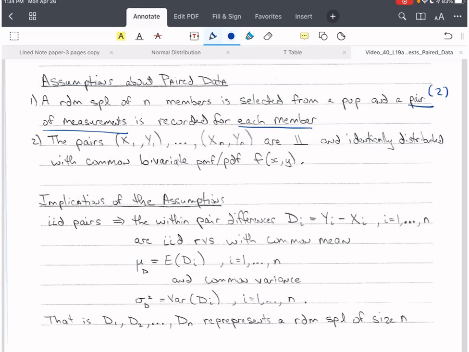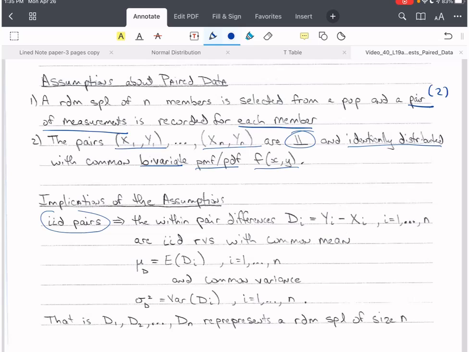All right. So the pairs, X and Y, X1, Y1 up to Xn, Yn, they have to be independent, and they also have to be identically distributed, and they have to have a common bivariate PMF or PDF, and we'll call that f of x, y. So what are the implications of these assumptions?